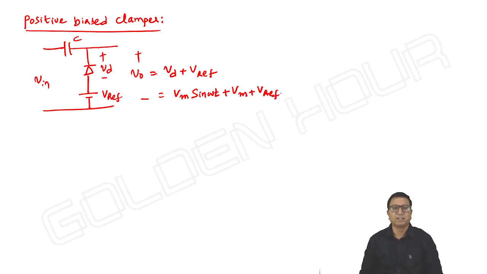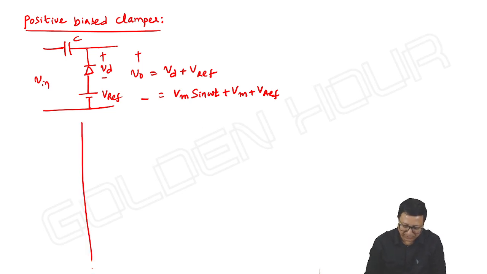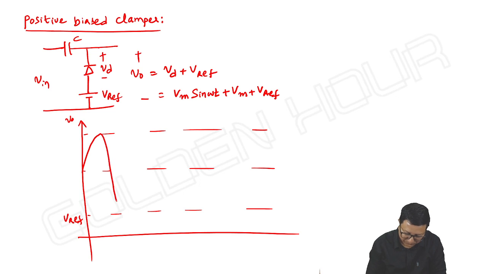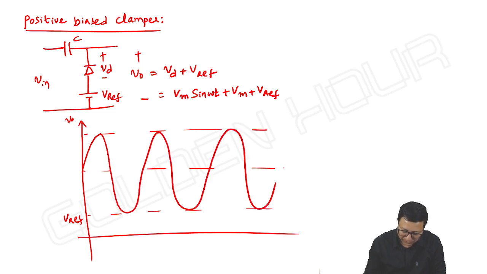Very, very simple thing. From the previous knowledge, what we have seen so far, based on that I am directly writing the answer here. And how about the output waveform? If you see the output waveform, V reference, we can see the output something like this.